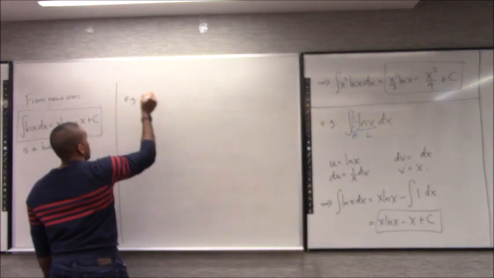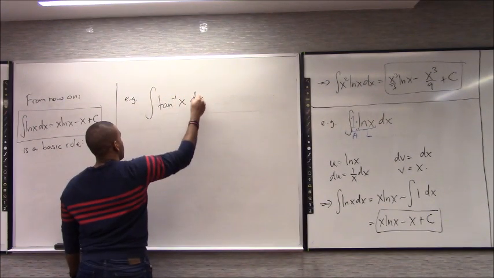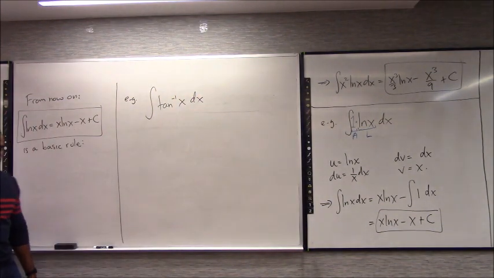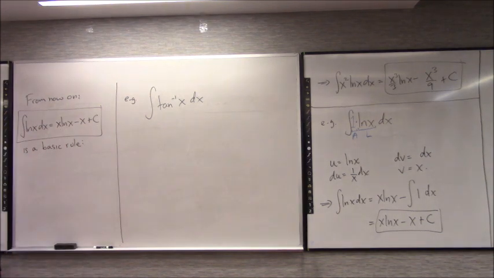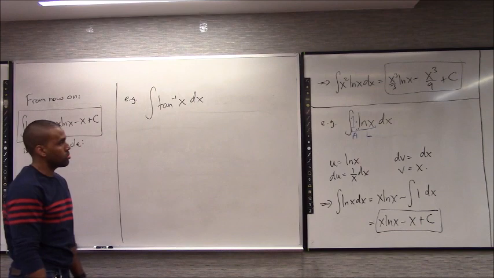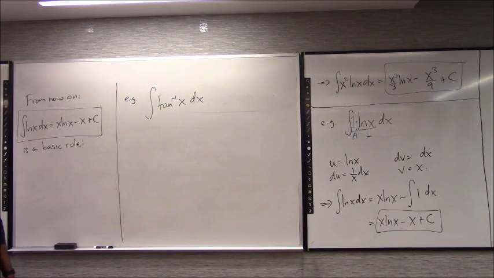Here's another example. Let's say I wanted to find the integral of tan inverse of x, or arctangent, as you might have learned it. This is another one where there is just one function there.